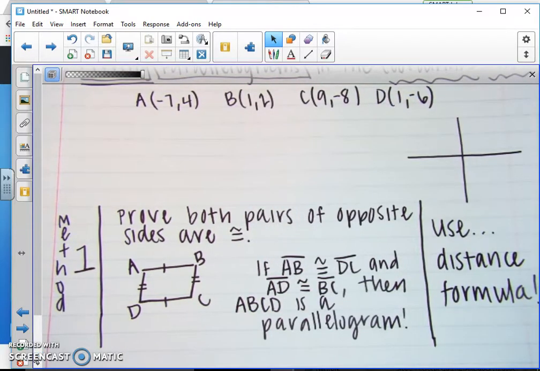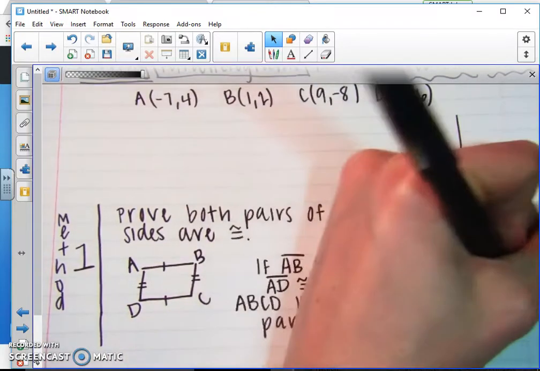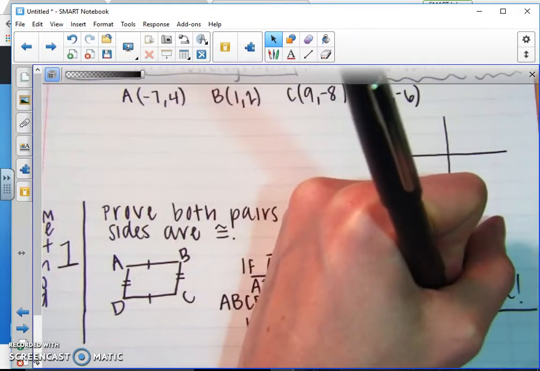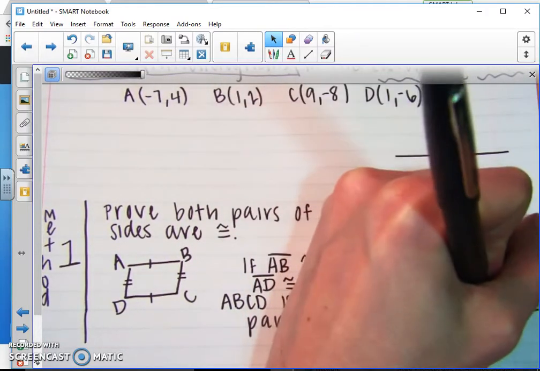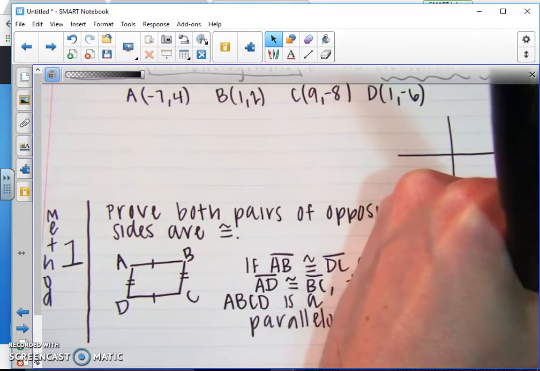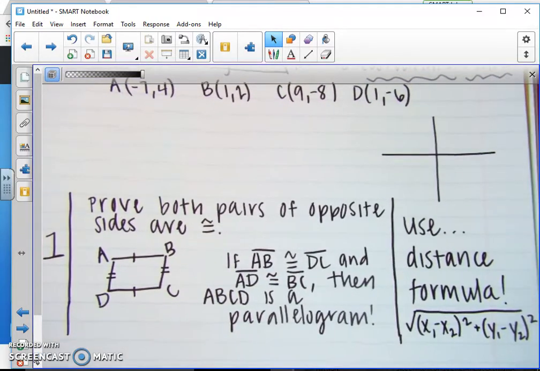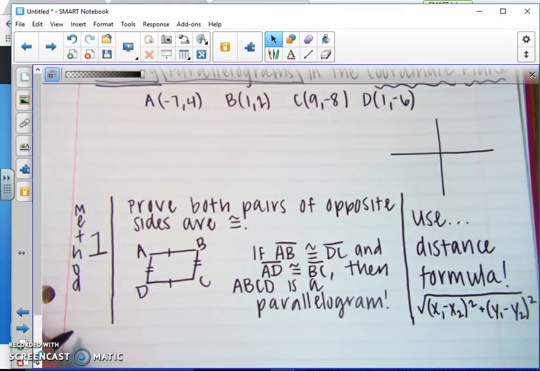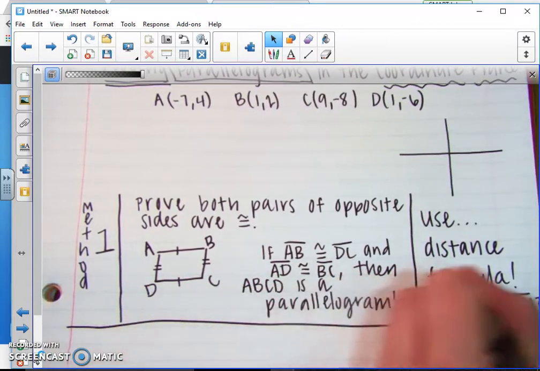Okay, and in case we've forgotten it, the distance formula is the square root of x1 minus x2 squared plus y1 minus y2 squared. So there's the distance formula. All right. So that's the first method of proving a parallelogram in the coordinate plane.